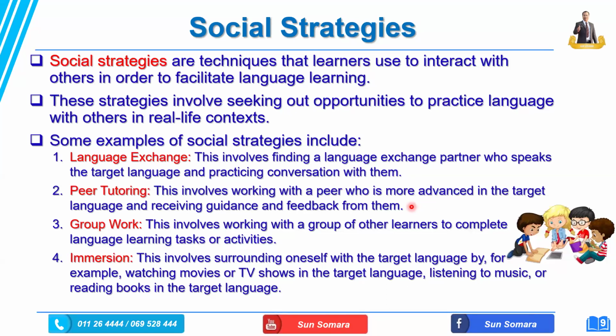Peer tutoring involves working with a peer who is more advanced in the target language and receiving guidance and feedback from them. Group work involves working with a group of other learners to complete language learning tasks or activities. Immersion involves surrounding oneself with the target language by, for example, watching movies or TV shows in the target language, listening to music, or reading books in the target language.